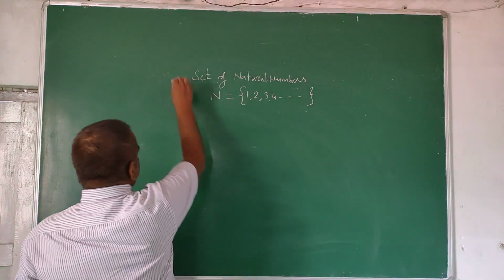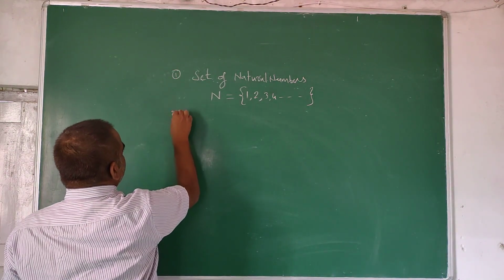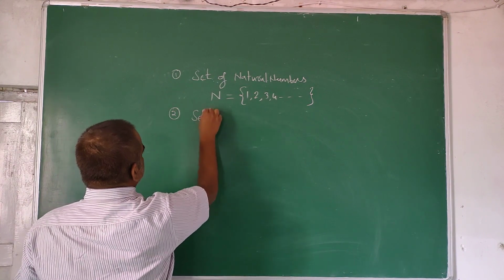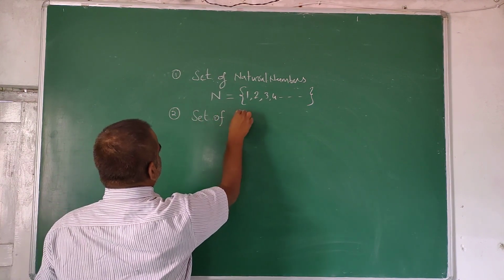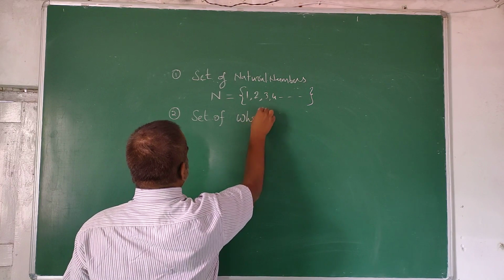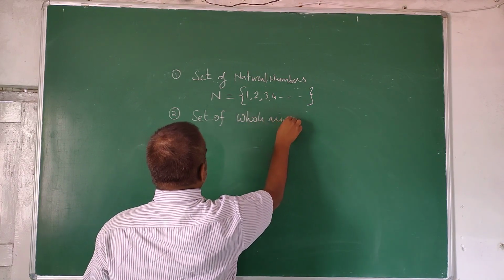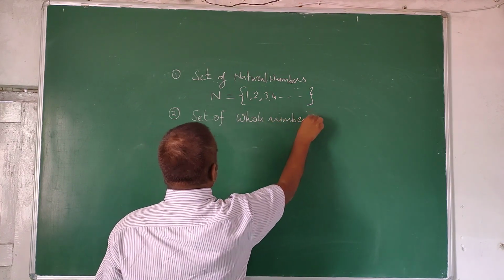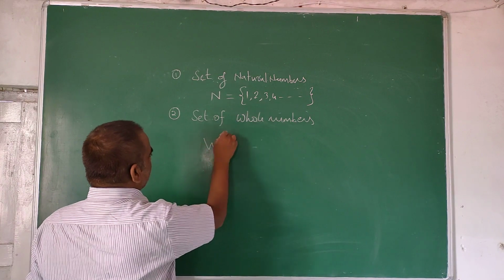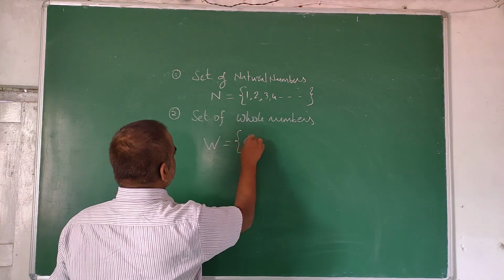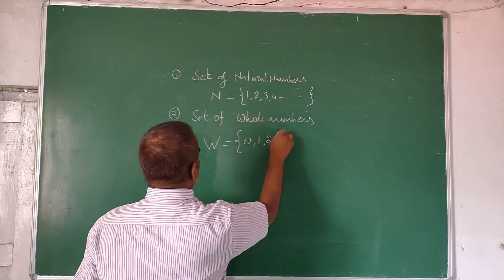Now, the second set is the set of whole numbers. It is denoted by W, which is equal to 0, 1, 2, 3, 4, and so on.